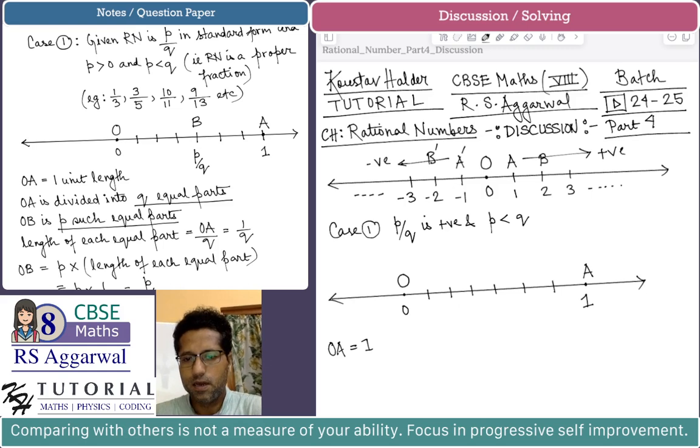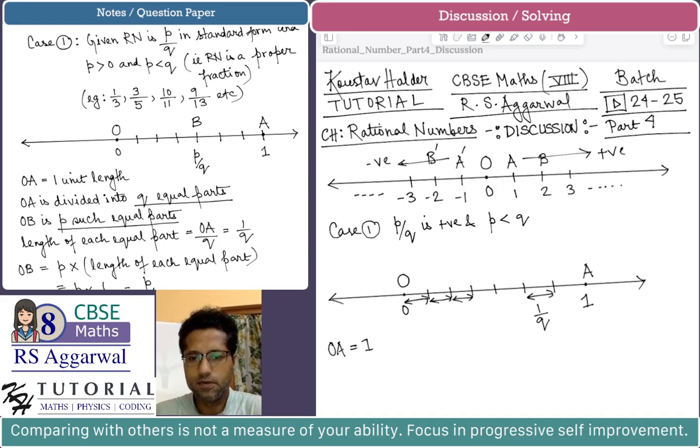These are the q equal parts, and the distance of each equal part will definitely be 1 by q, since the whole segment OA is 1 unit and we have divided it.